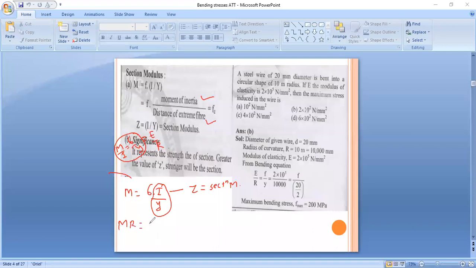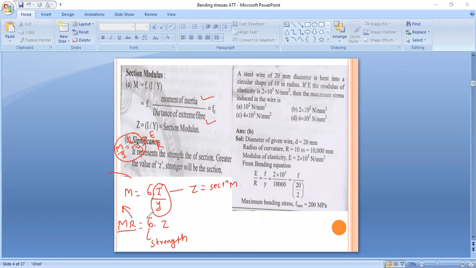So MR is equal to sigma into Z. When we say moment of resistance, if our input is stress or strength, now, just before 5-10 minutes, I told you, when we say moment of resistance, if our input is strength, then we say moment of resistance.